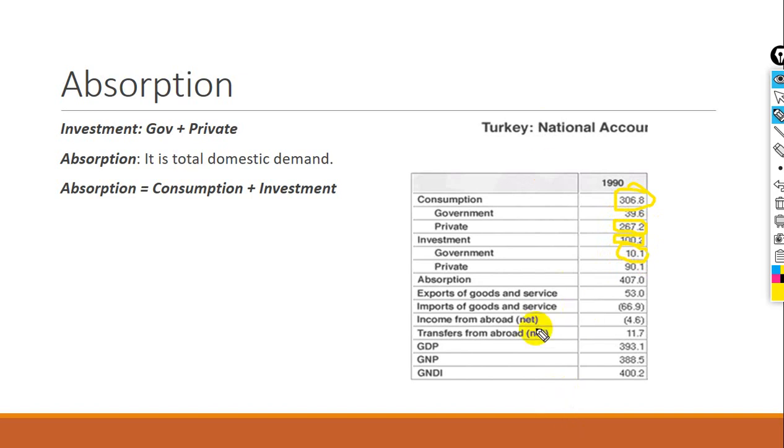So in this table you have to calculate almost all of its items. Here you have to connect this part with balance of payments. And the rest is just summation of the given data.